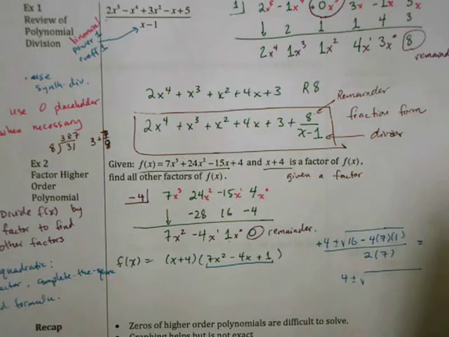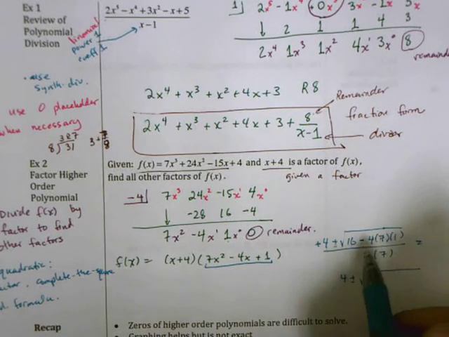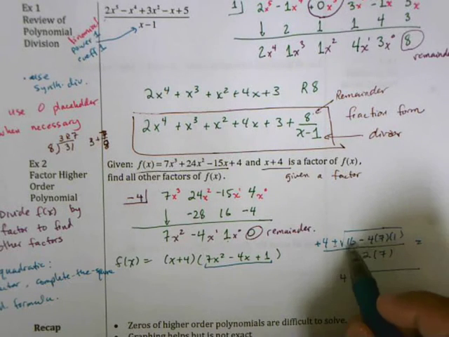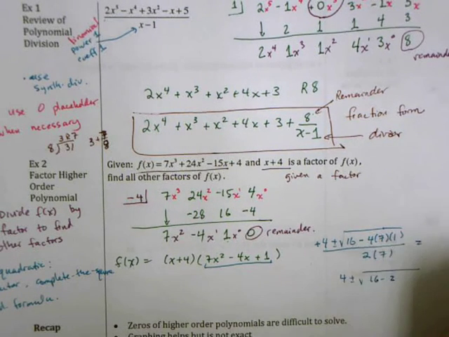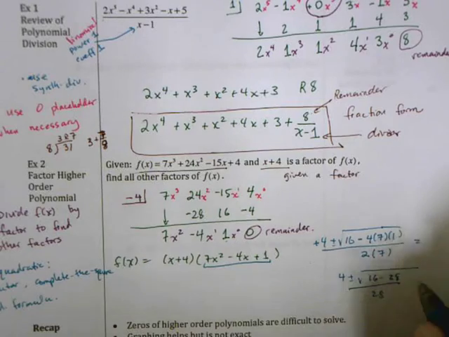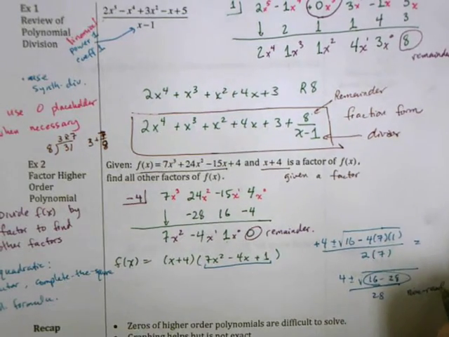So let me just write this out here: 16 minus 28, all over 28. And this right here is going to give me a non-real answer.